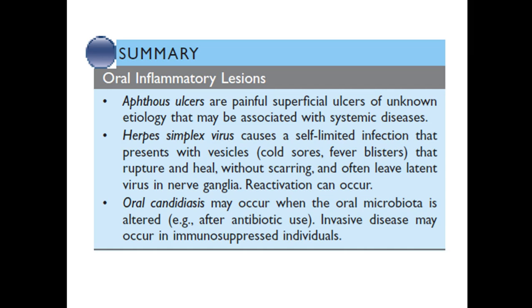They usually heal without scarring, particularly in minor and recurrent Aphthous ulcers, but major Aphthous ulcers may leave behind scars. One very important thing we must remember is that the herpes virus goes into the nerve ganglia where it resides and lives for life, and from time to time it gets reactivated, particularly when the person becomes immunocompromised.